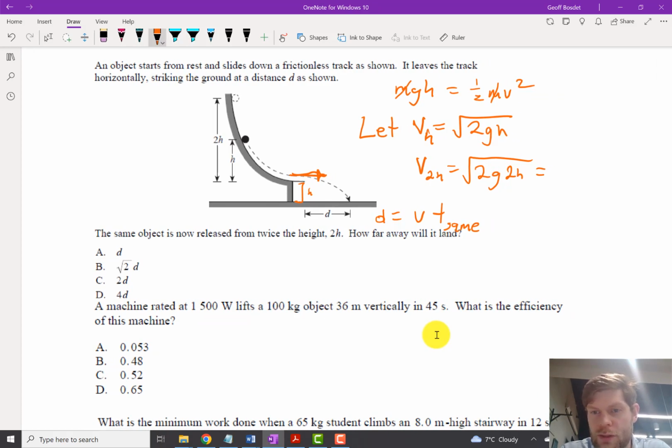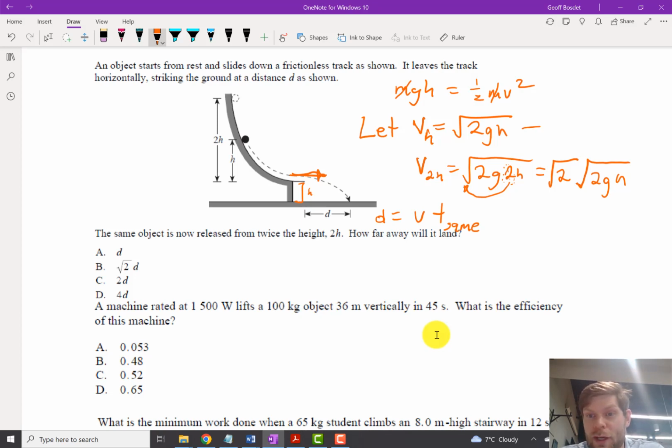For reasons that will become obvious in a sec, I'm going to try and get rid of any difference in the formulas, so I'm going to pull this out of the square root. That's going to equal root 2, which is this guy pulled out, times what we had before, the square root of 2gh. So just move this guy out in front, but it needs a square root over it because it's still square rooted.